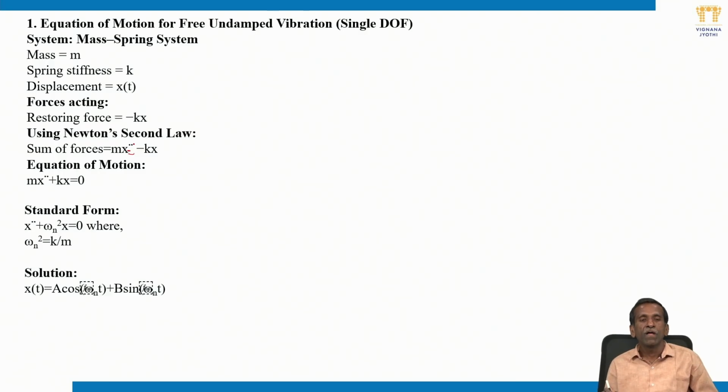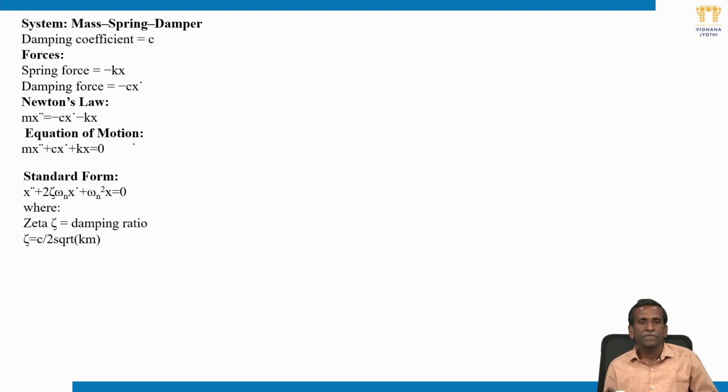Because this is a second order differential equation, the solution can be based on the fundamentals of differential equations. We can write x equal to a cos omega n t plus b sin omega n t. This is a form of solution. If you substitute this and solve, you will get these constants a and b also. This can be done straightforwardly.